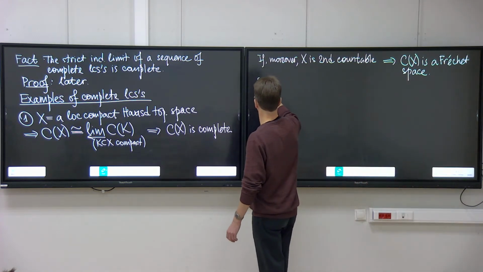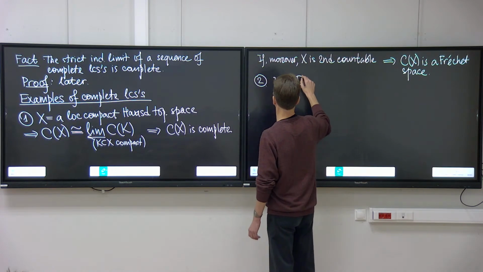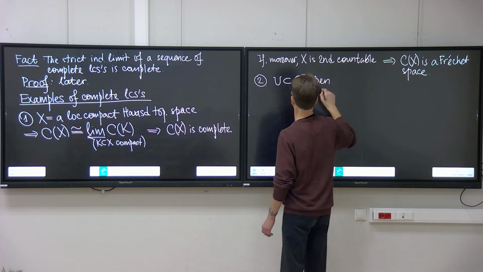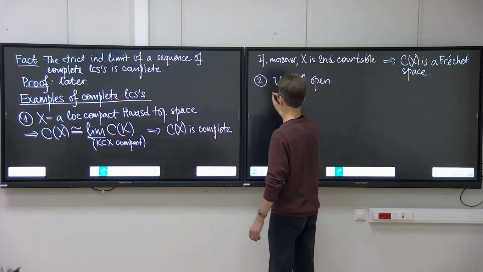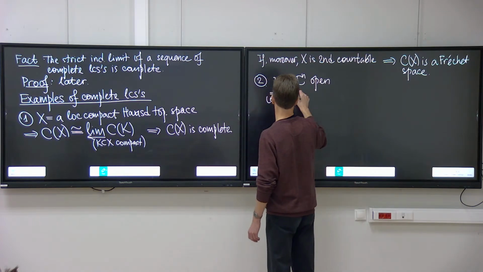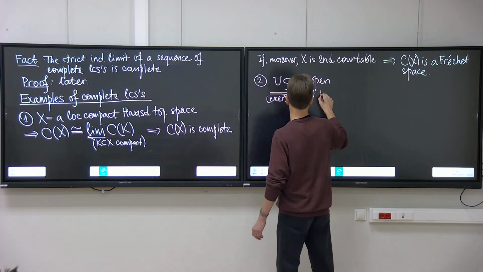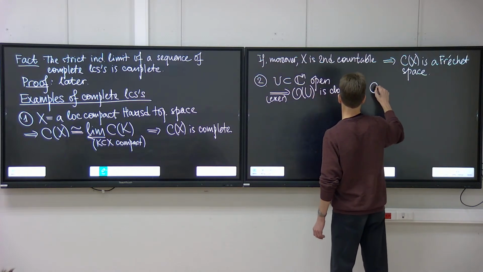Example 2: let's take an open subset U of C^n. Then the standard exercise in complex analysis is to show that the space of holomorphic functions on U is closed in C of U, in the space of continuous functions.